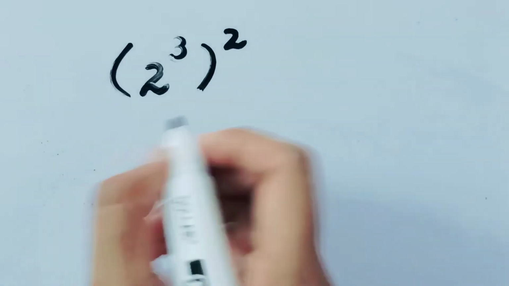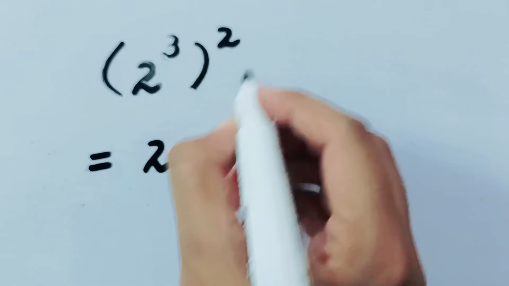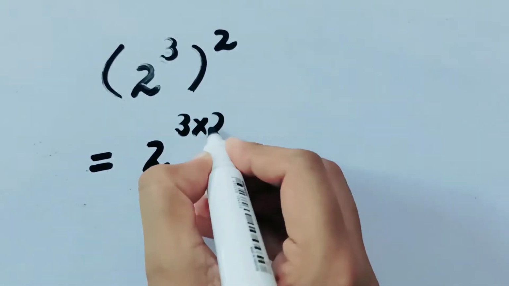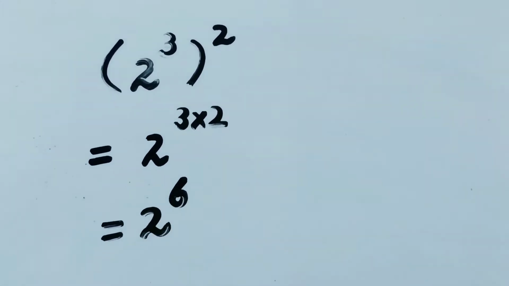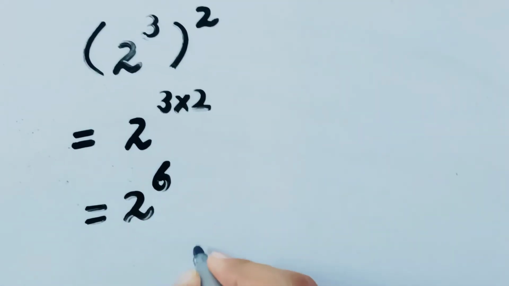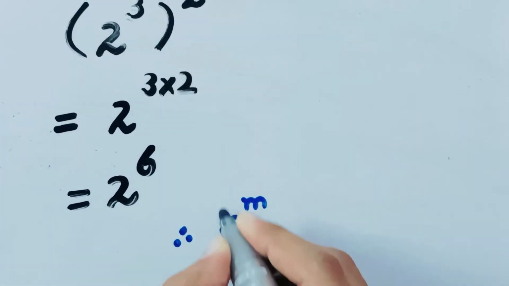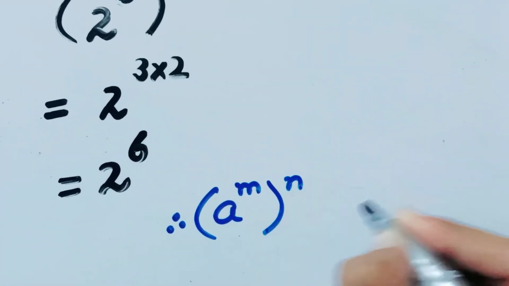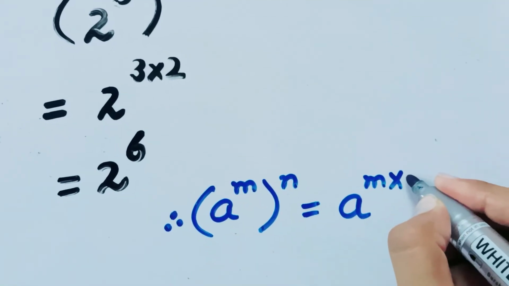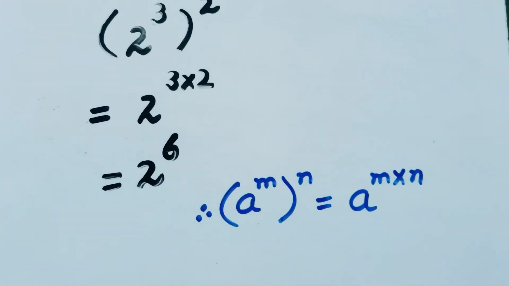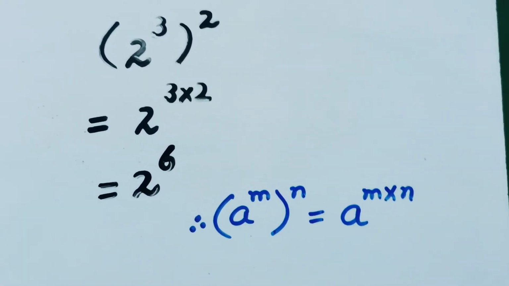So if we have questions like this, then simply we will multiply our exponents. 3 multiplied by 2 will be equal to 2 raised to power 6. The general form of this law is a raised to power m whole power n, and simply we will multiply our exponents like this. This law of exponents is called power of power.